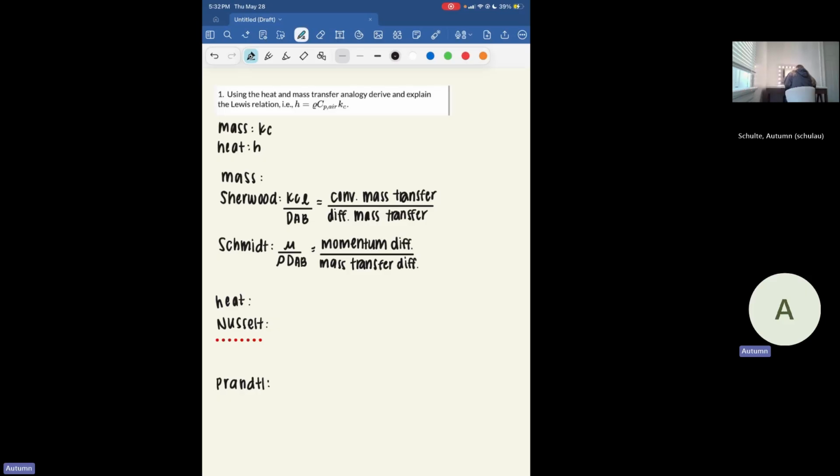So the Nusselt number is equal to the heat transfer coefficient multiplied by the length divided by the thermal conductivity. In word terms, that is the convective heat transfer divided by the conductive heat transfer.